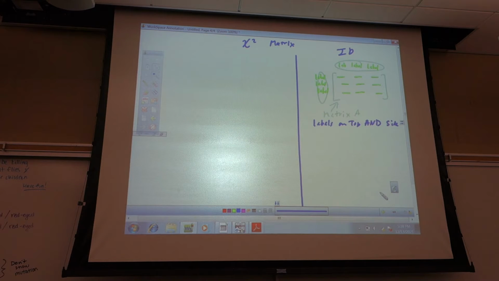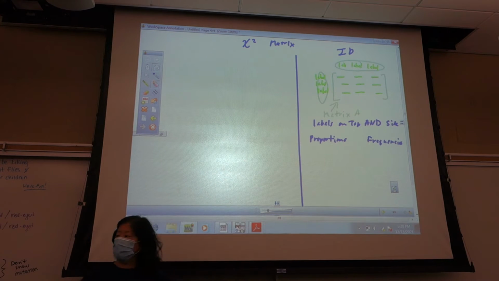Instead, there are what we call frequencies, proportions and frequencies. They might not call them proportions or frequencies, but they'll give you proportions or frequencies, because remember, this is how many people fall into different categories.